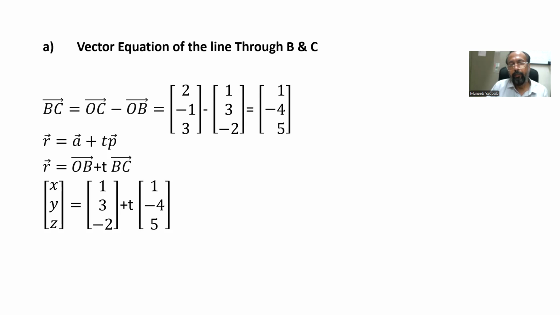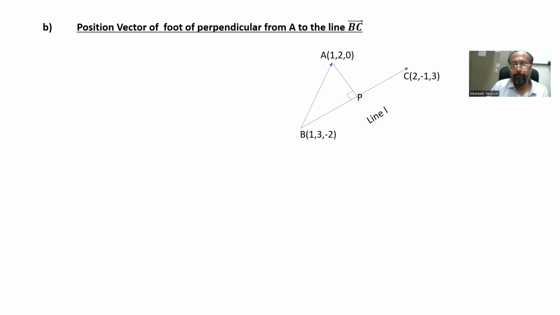Now in the second part, we need to calculate the foot of the perpendicular drawn from point A to the line L. In this diagram, you can see I have drawn the line L, and from A we have drawn a perpendicular, and the foot of the perpendicular is denoted by point P. So we need to calculate the position vector of this point P. First of all, we will calculate a unit vector in the direction of line L. Since the direction vector of line L was BC, we will calculate unit vector BC by dividing vector BC by its magnitude.